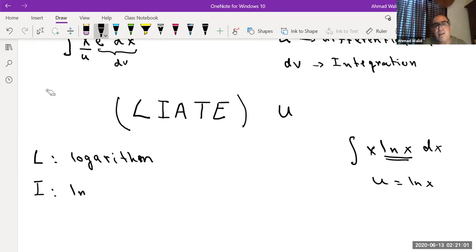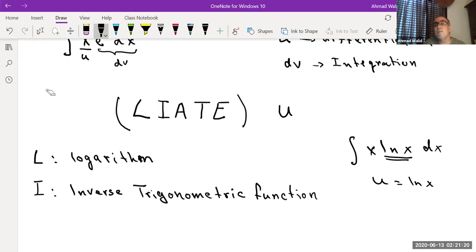I represents inverse trigonometry functions. For example, if someone gives you x squared times inverse sine x dx, between these two, which one should I choose as a u?